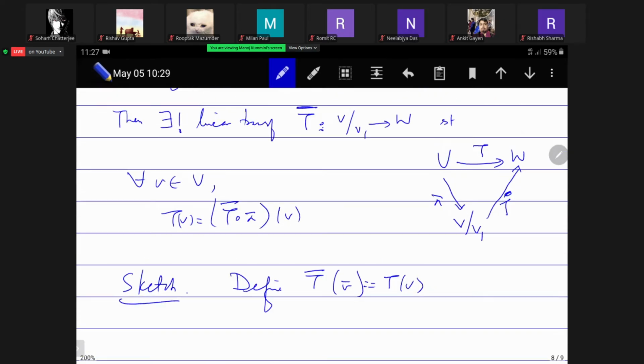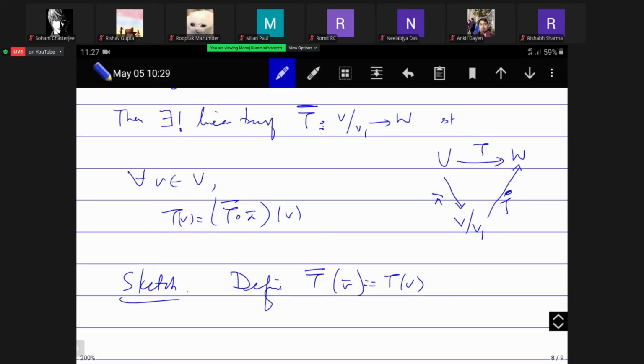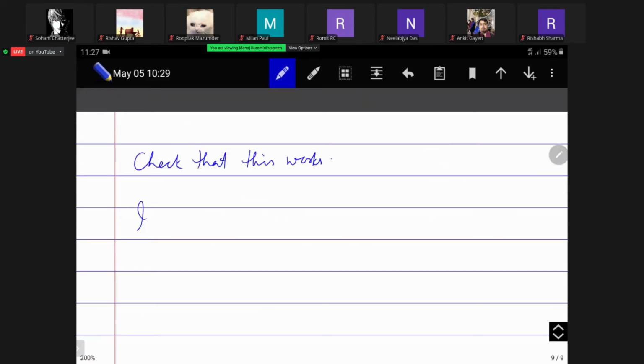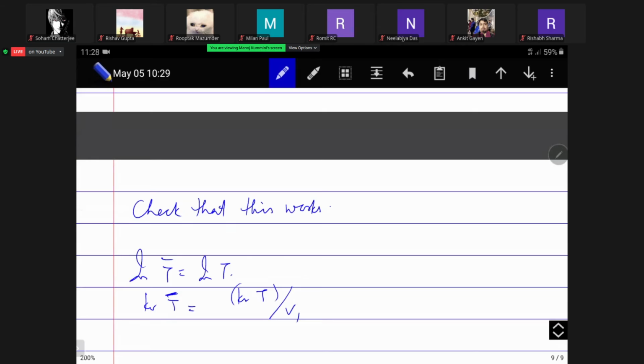We can ask what is its kernel. Its image is the same as the image of T. But what is its kernel? Well, the kernel is kernel of T mod V1. The kernel of T is a subspace of V, and V1 is a further subspace of the kernel of T, so we can talk about the quotient space.